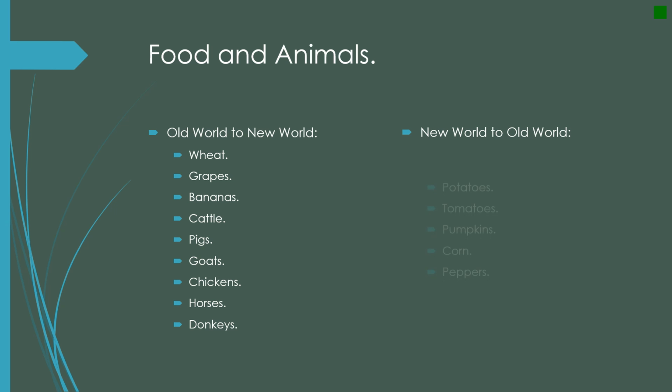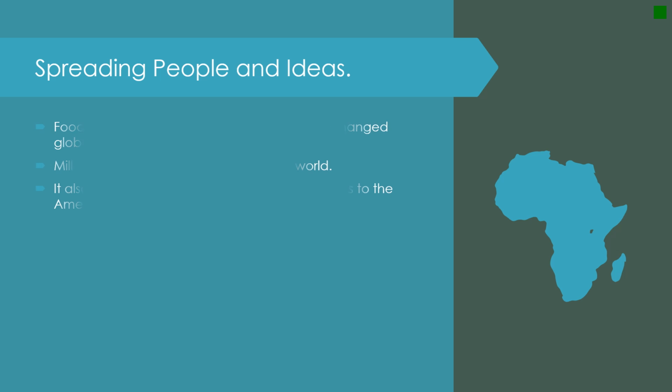Now, from the New World to the Old World, from the Americas and the Caribbean, we have potatoes, tomatoes, pumpkins, corn, and peppers. This explosion of food around the world is going to help contribute to population growth around the world as well.